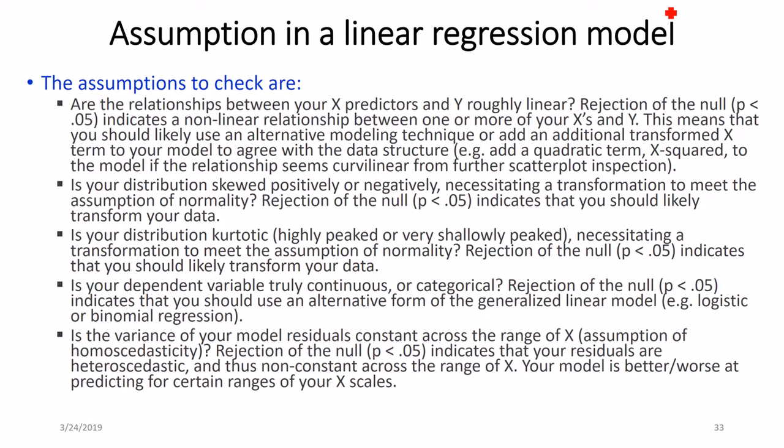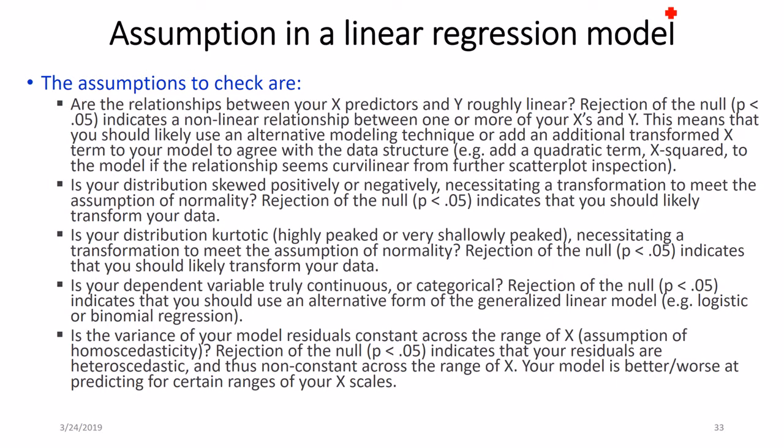The next to check is to see if your dependent variable is continuous or categorical. Rejection of the null hypothesis means that you will need another form of the generalized linear model, such as logistic or binomial regression. And finally, you need to check the variance of the model residuals.